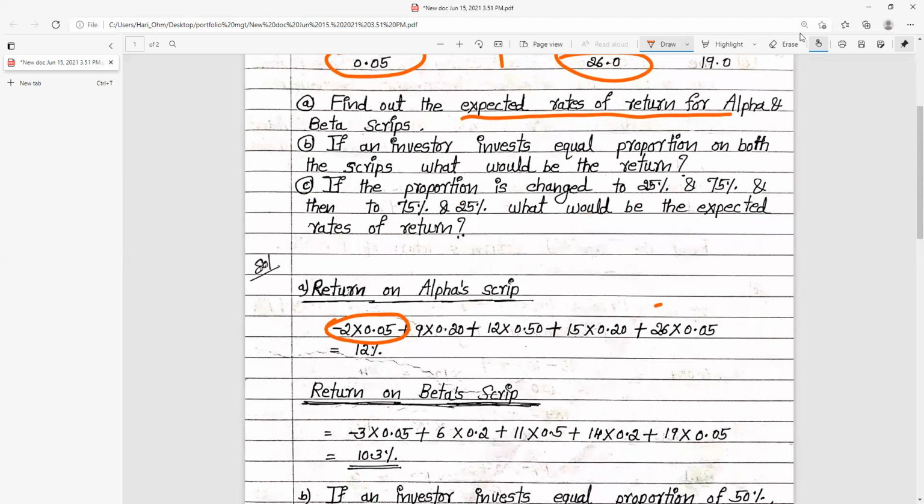Is it clear? 9 into 0.20, 12 into 0.50, 15 into 0.20, 26 into 0.05.